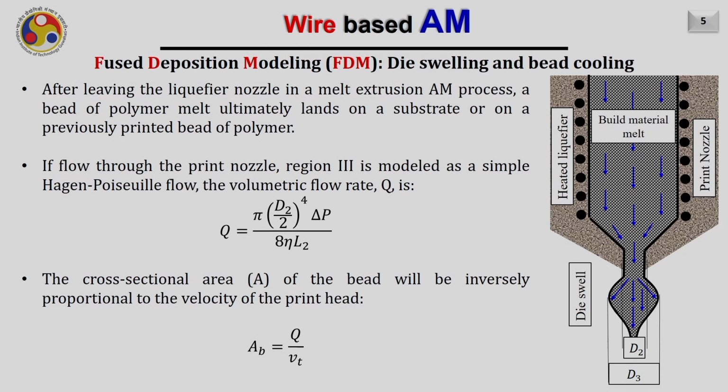After leaving the liquefier nozzle in the melt extrusion additive manufacturing process, a bead of polymer melt ultimately lands onto the substrate, which is at the bottom.